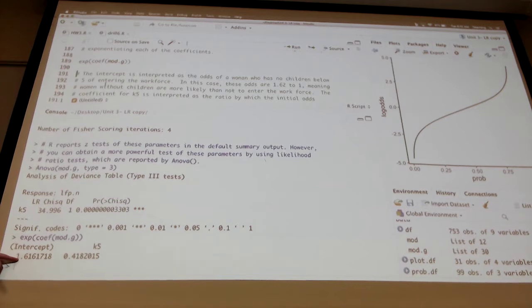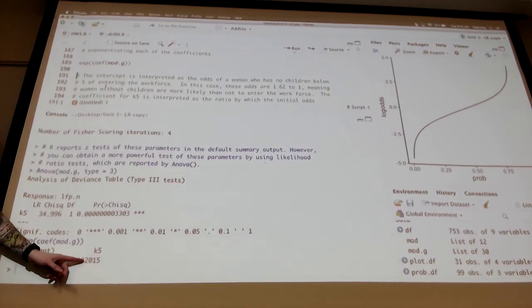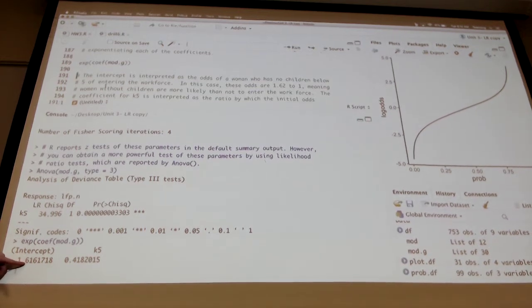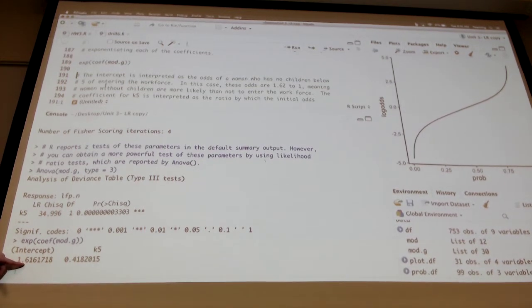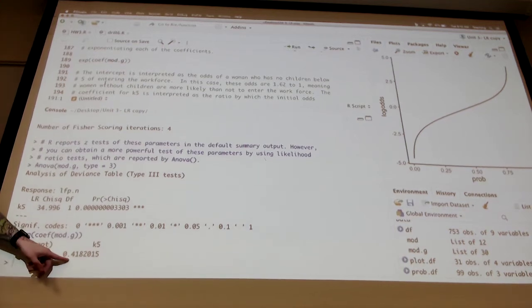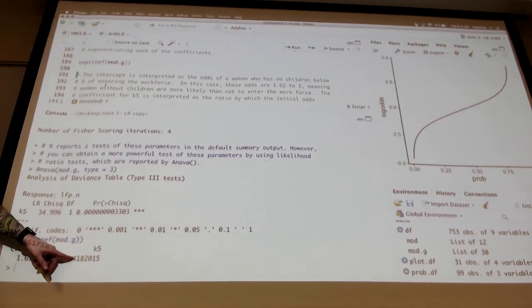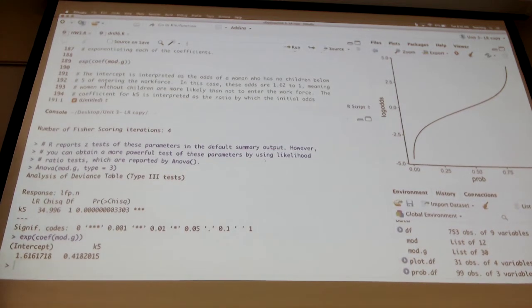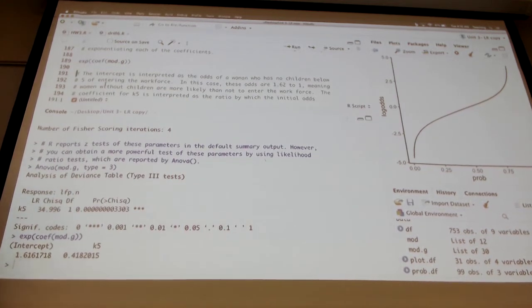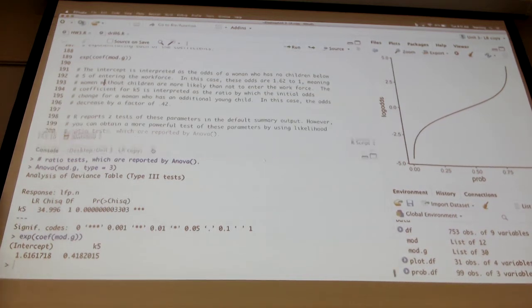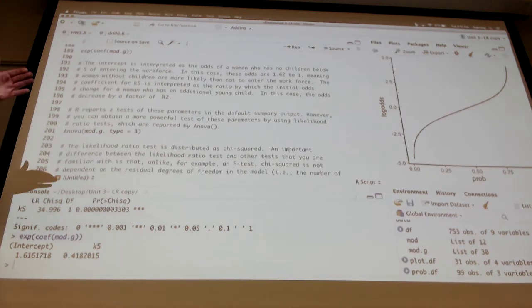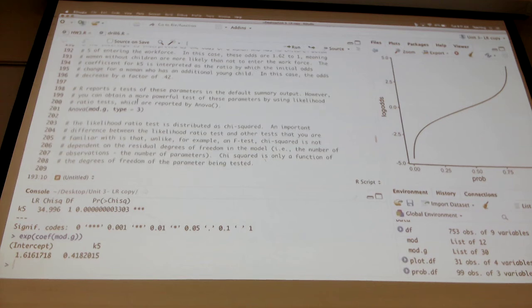So now this 1.61 and 0.41 is the odds of a woman with no kids being in the workforce is 1.61 to 1. And then it changes by a factor of 0.41 when they have kids under 5. As far as, we'll get into more nuanced interpretations when we get to the actual unit. Like I said, I'm just trying to run through this for a general overview.